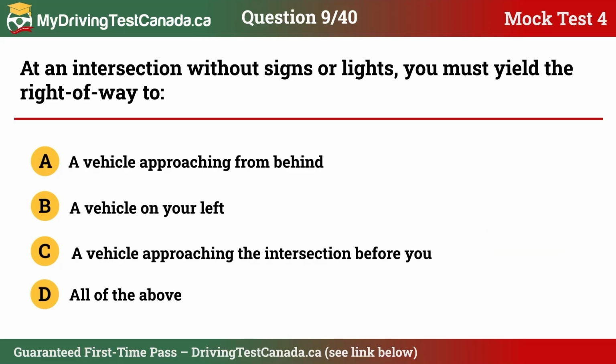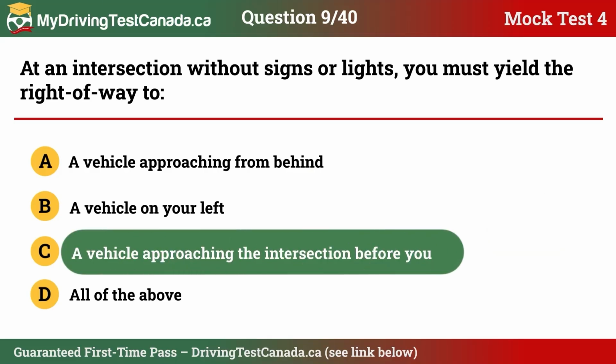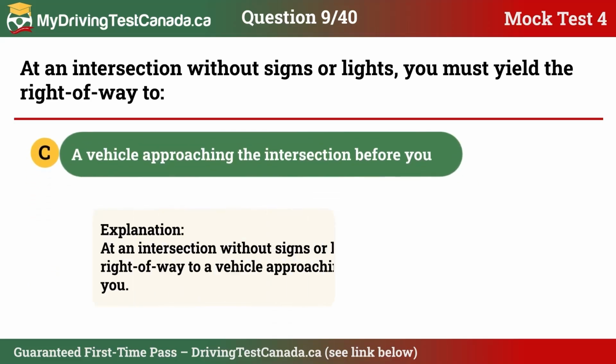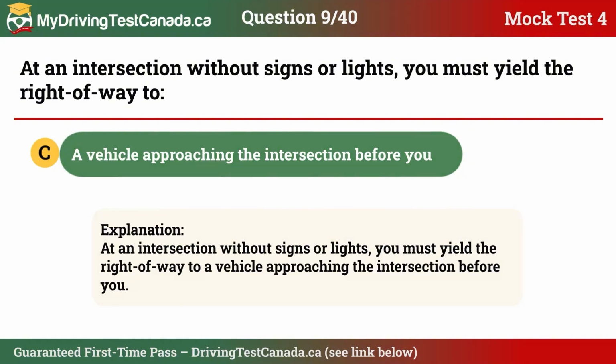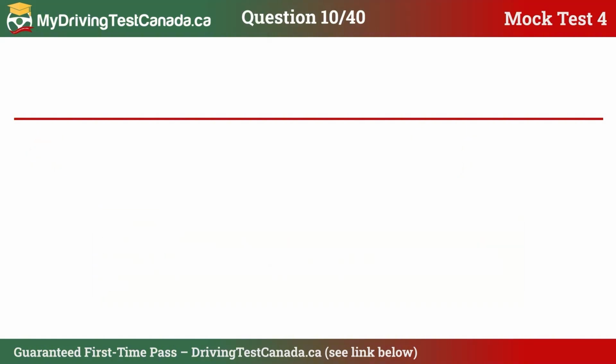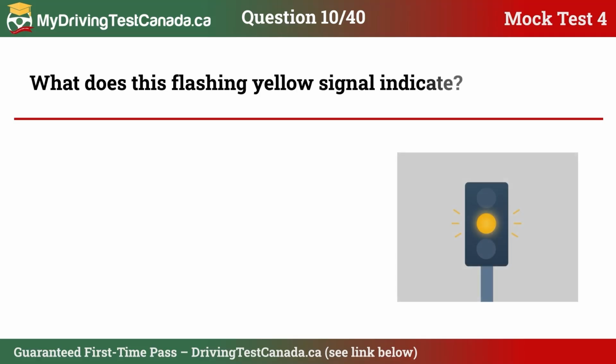The correct answer is C. A vehicle approaching the intersection before you. Explanation. At an intersection without signs or lights, you must yield the right-of-way to a vehicle approaching the intersection before you.